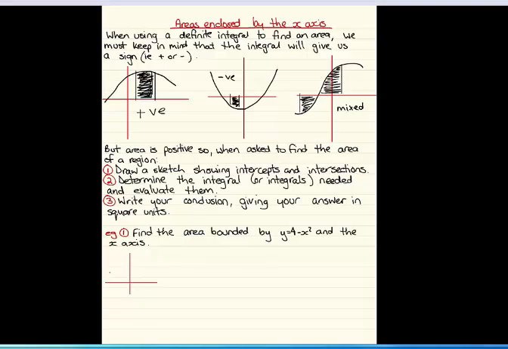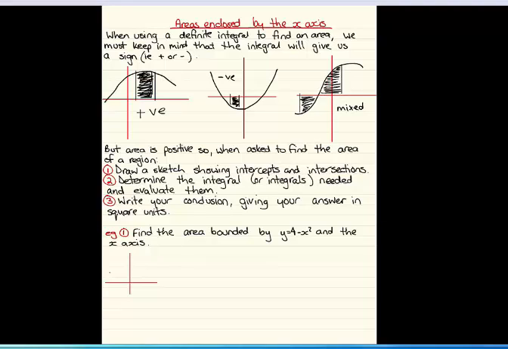But you've got to keep in mind that area is positive. We can't have a negative area. So mathematically, when we're working on a function, if I can tell you it's negative, that just tells me it's below the axis. It doesn't have any impact on how large the area is, okay? So when you're asked to find the area of a region, I want you to first draw it, because if you don't draw it, you're not considering whether there are positive or negative answers, and you can miss some really important information.